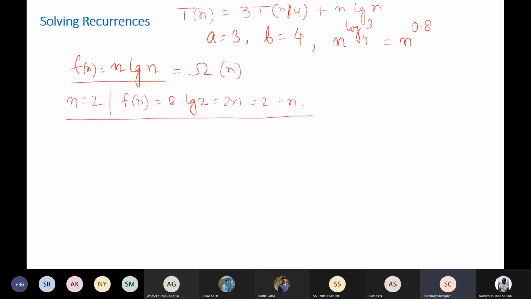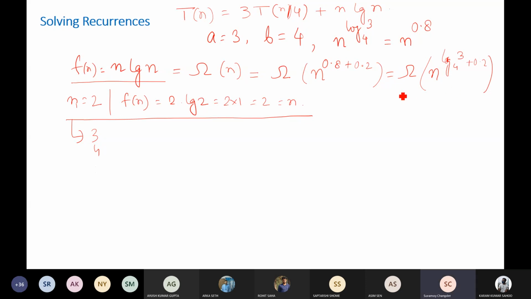If the value of n increases like 3, 4, 5, this value will increase, but the lowest order of n log n is n, and we can write this as omega of n to the power 0.8 plus 0.2, and we can write this as n to the power log 3 base 4 plus 0.2.